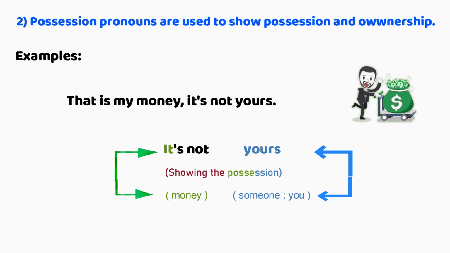What's the relationship between the two pronouns? Here, for showing possession or ownership, between the first pronoun, which is it, which replaces the actual subject, which is the money.